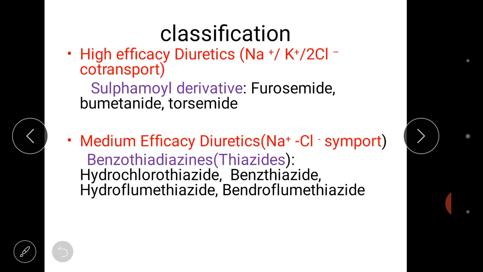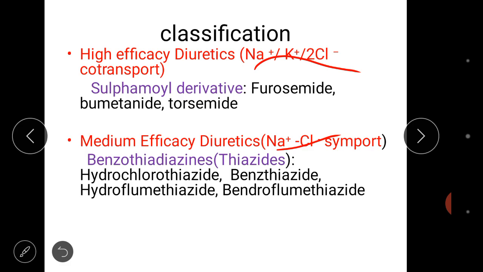Next we have medium efficacy diuretics. Their mechanism is sodium chloride symport inhibition, so they inhibit these two ions. High efficacy and high ceiling diuretics inhibit the absorption of these 3 ions.